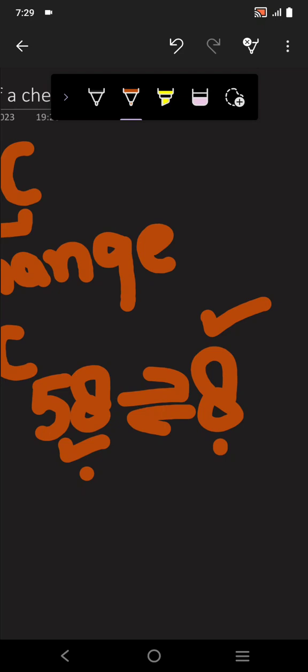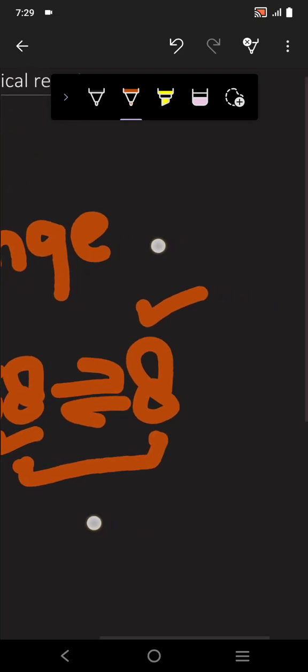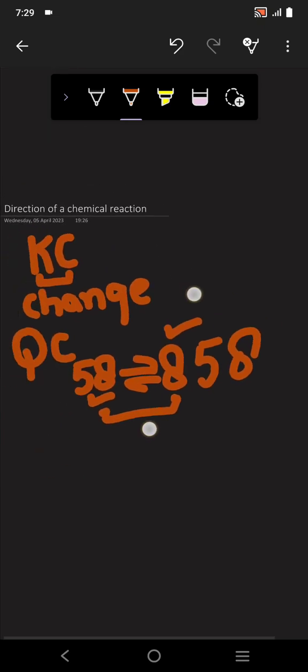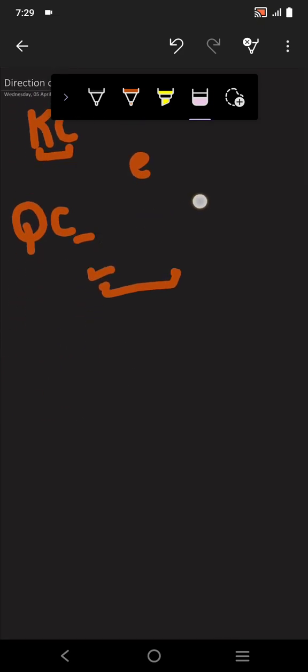It can be either forward or reverse. What direction will be required to make them both equal? That direction we can predict by Qc.